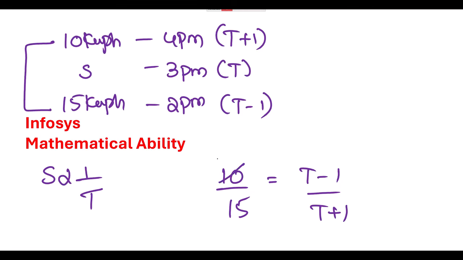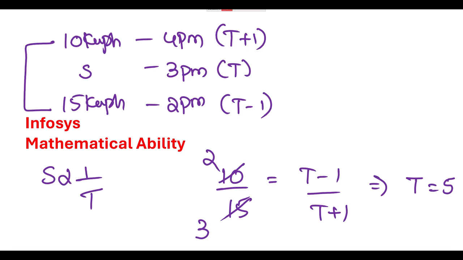So 10 divided by 15 is t minus 1 divided by t plus 1. If you cross multiply, 2t plus 2 equals 3t minus 3, so the t value will be 5.